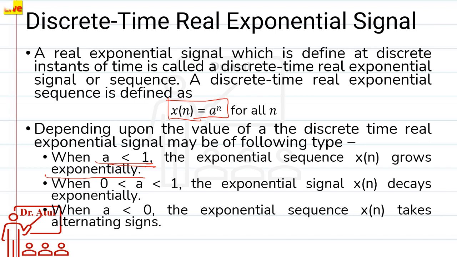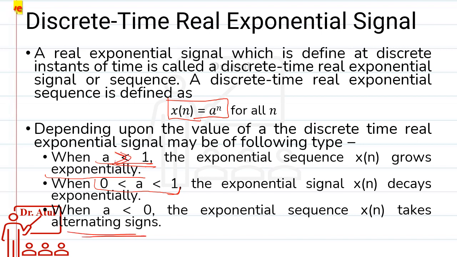If the value of a is 0 to 1, between 0 and 1, then there is decay. If a is less than 0, then it takes alternating sign.